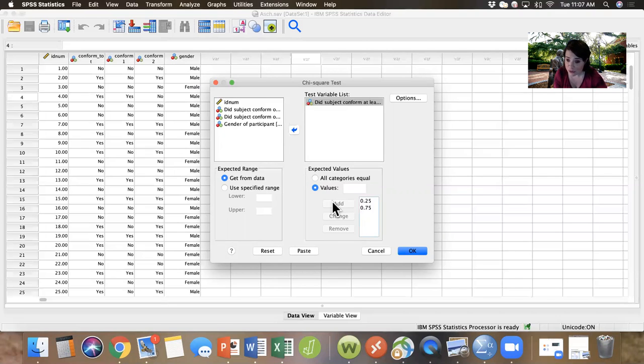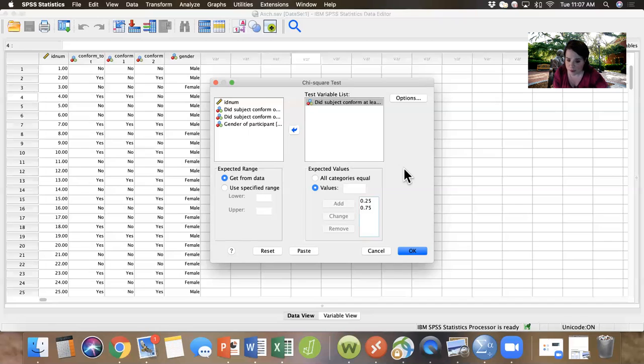The way I would enter my data into SPSS is maybe a 1 for Republican and a 2 for Democrat. That's how SPSS registers the different levels. Then I would go to Analyze, Non-parametric Tests, Chi-square, and all that.